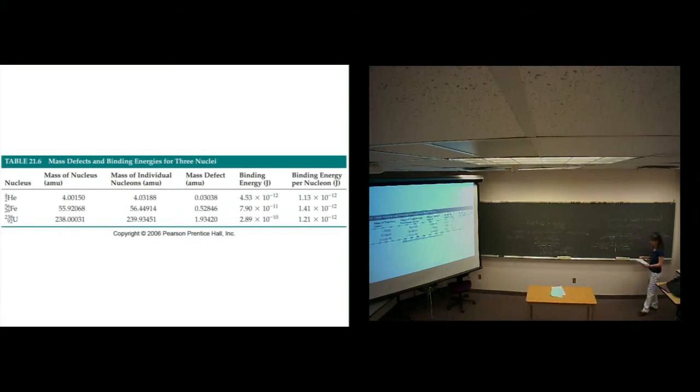Divide that by the 4 nucleons. Then it comes out to be 1.1335 times 10 to the minus 12th joules per nucleon.